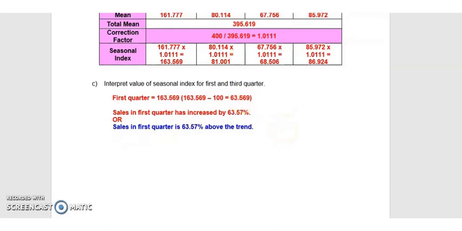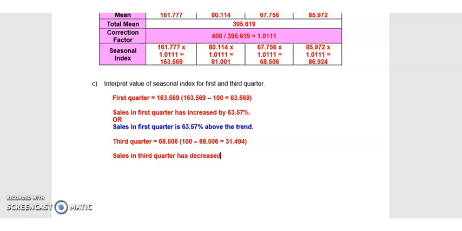Similarly for third quarter, it equals 68.506. So this one is less than 100%, so 100 minus 68.506 equals 31.494. So how to interpret sales in third quarter? Since it is less than 100%, we say decrease.